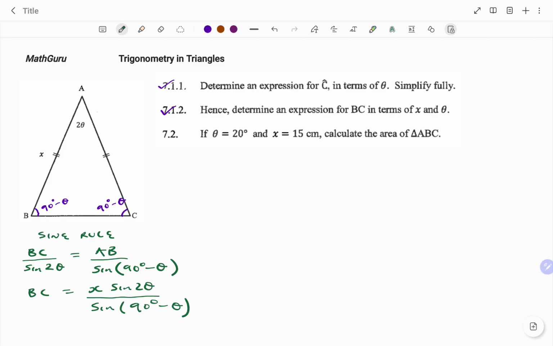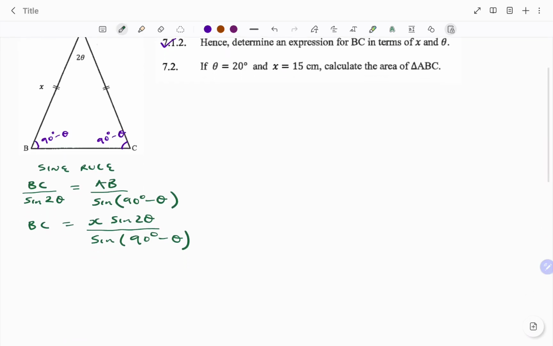And if I simplify further, that is going to give me x sine 2 theta. I'm going to use my double angle identity, so that is going to be times 2 sine theta cos theta. What I'm doing is I'm expanding my sine 2 theta using my identity. Then if you look at my denominator, that's a cofunction for sine and cosine.